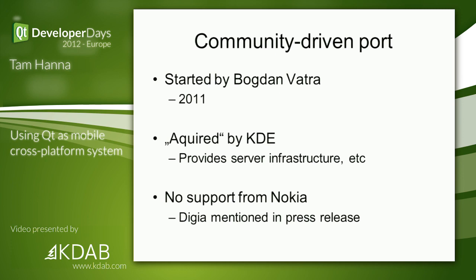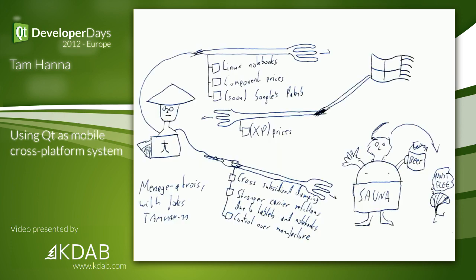And it's very important that next to no success or support was received from Nokia. And that Nokia strategy is very stupid. Well, a little comic should prove this accurately.